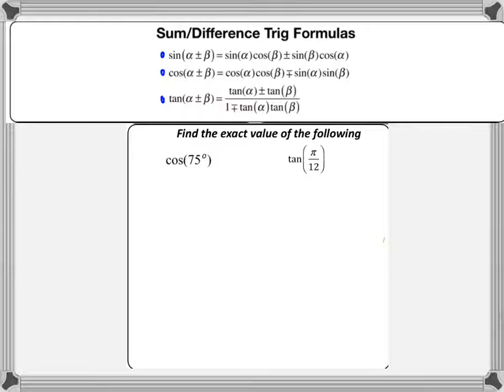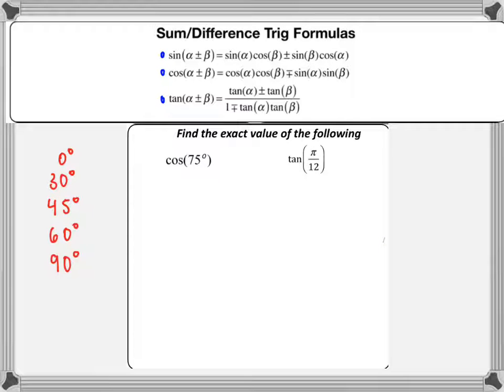So how are we going to do this? We've got the cosine of 75 degrees, and we don't really know what the cosine of 75 degrees is, because we only know these angles right here, all these nice angles that we studied.